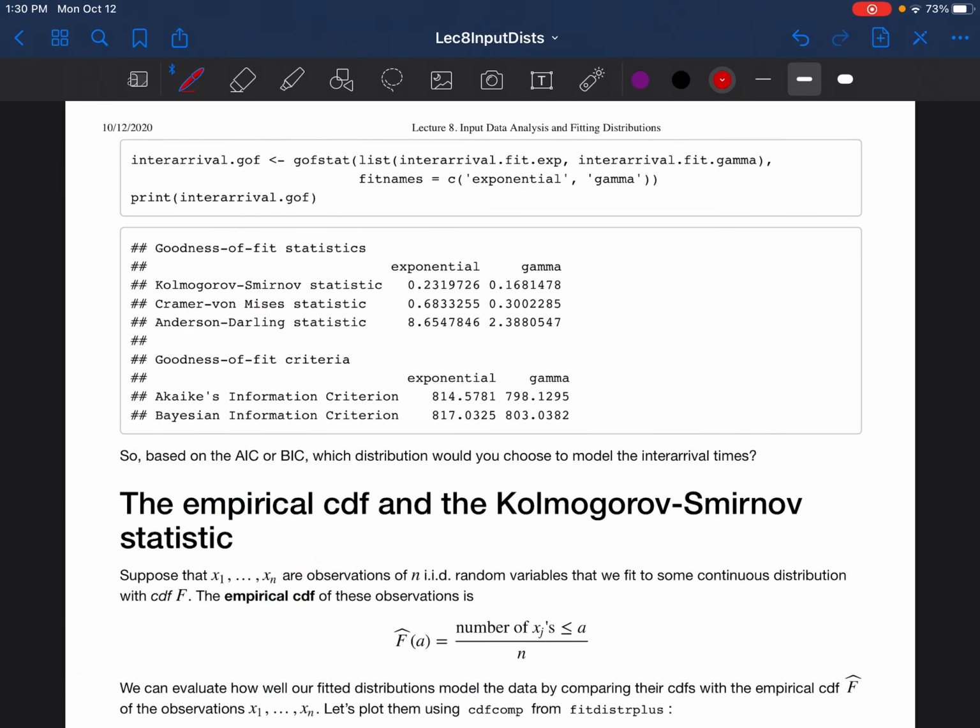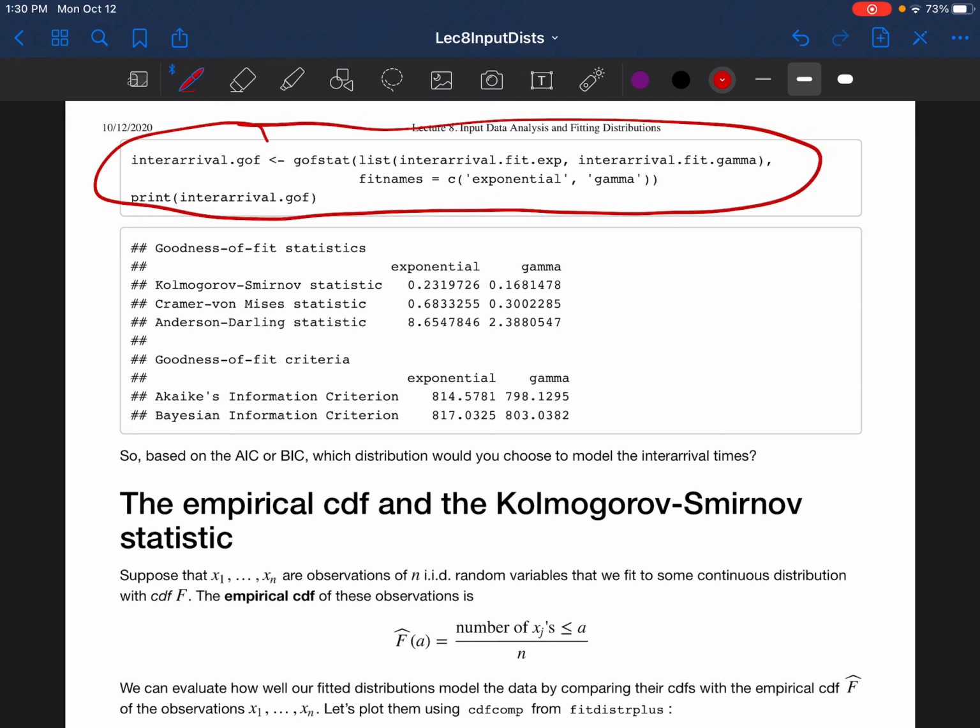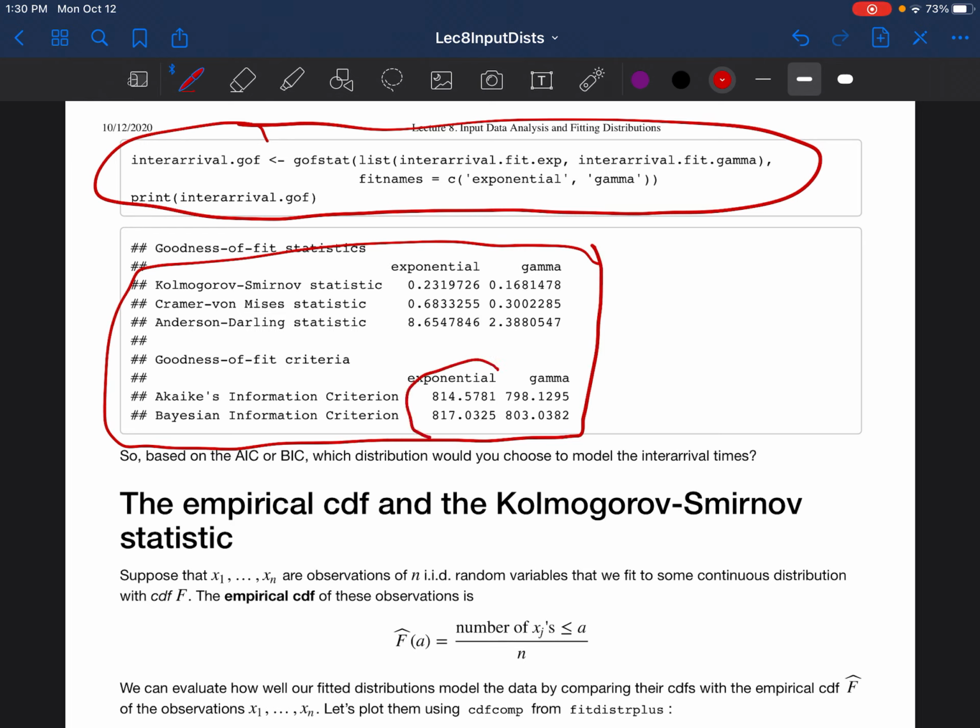Okay. When we do so, we grab the GOF stat into this thing called interarrival.gof, and it prints out. And you can see here that in all cases, for the AIC and BIC, the exponential is higher than the gamma.